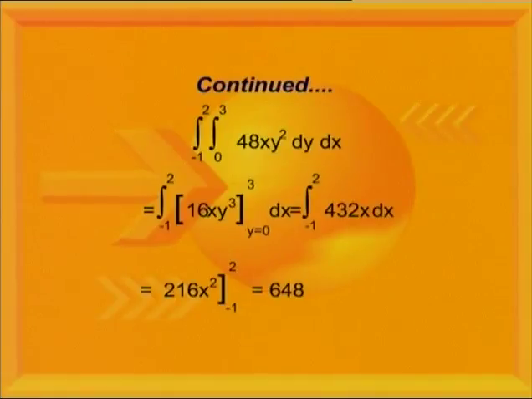After substituting this limit, the value of this definite triple integral is equal to 648.